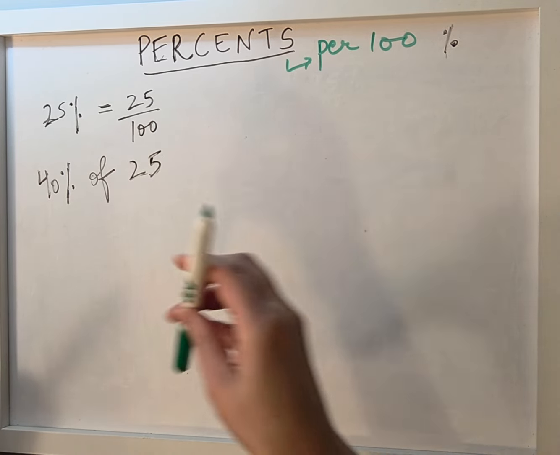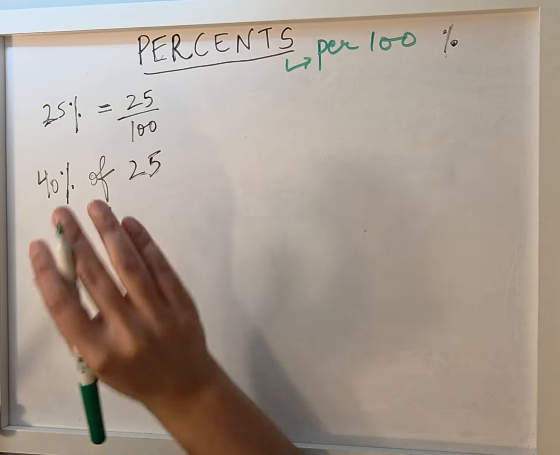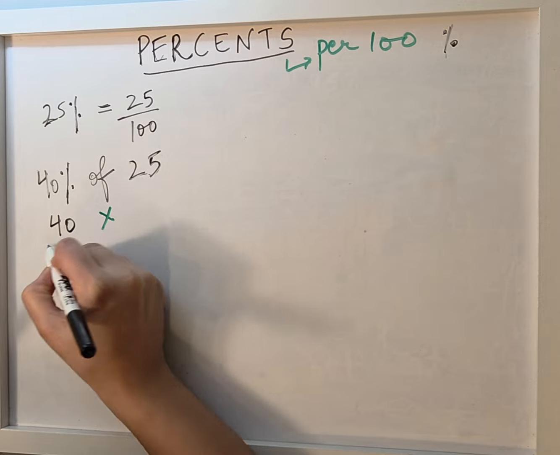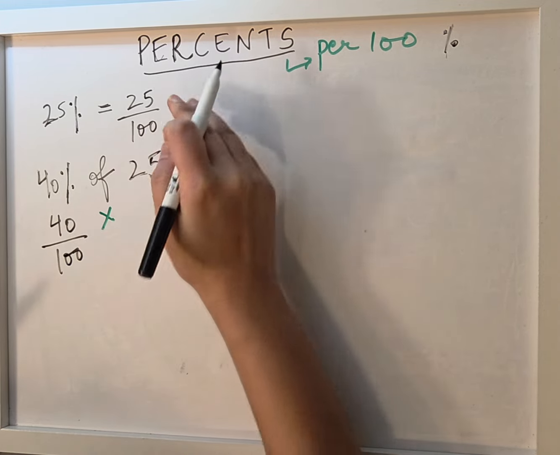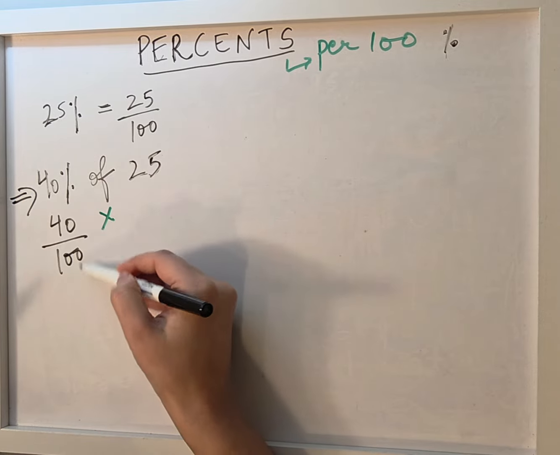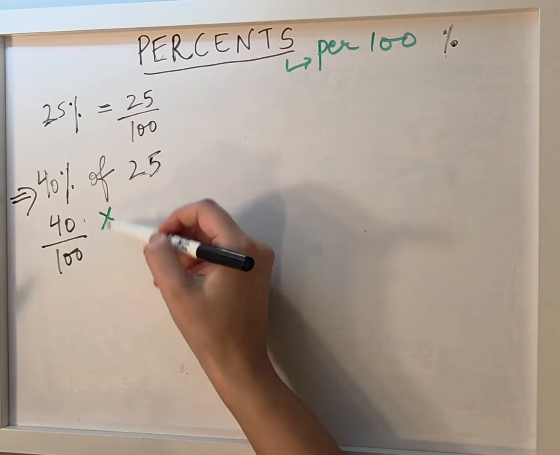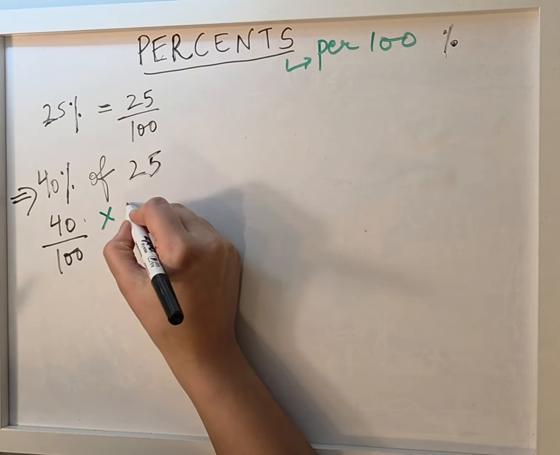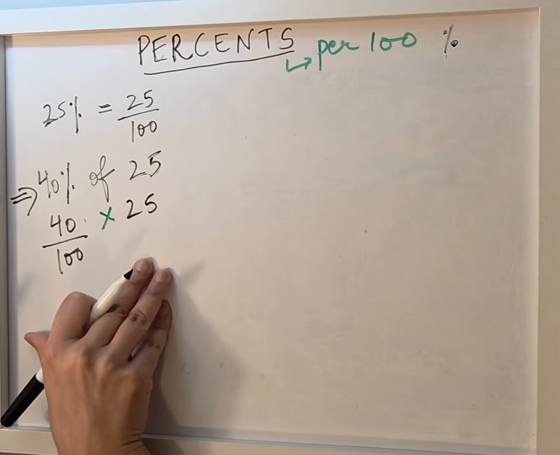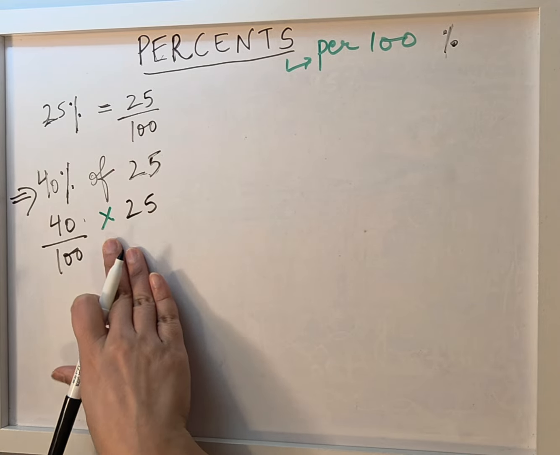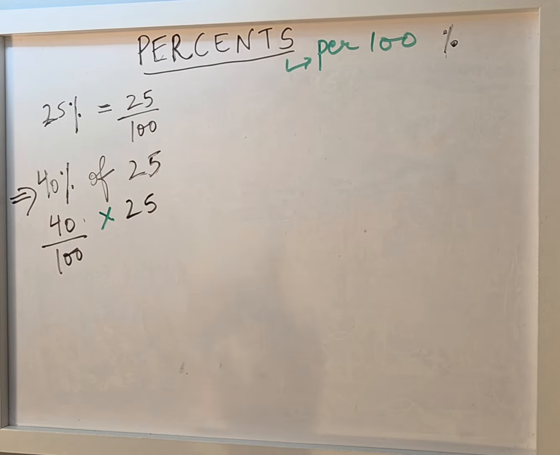This "of" signifies multiplication. We know 40% can be represented as 40 by 100, and "of" represents multiplication, and then 25. So this is how we read it: 40% of 25 is 40 by 100 into 25.